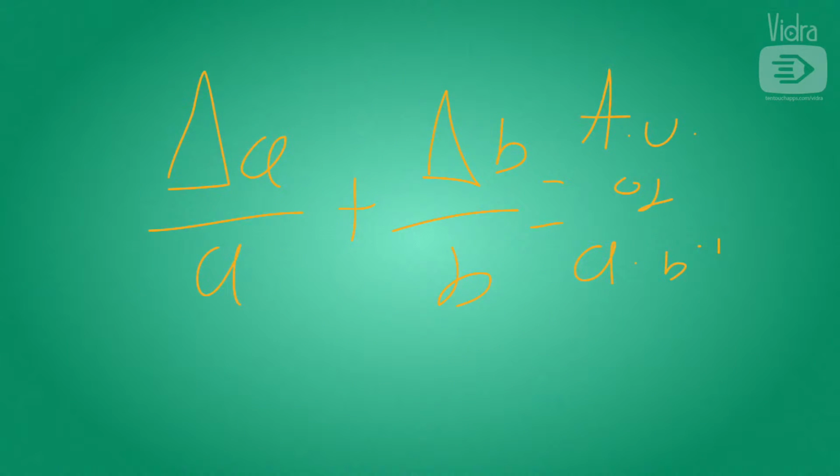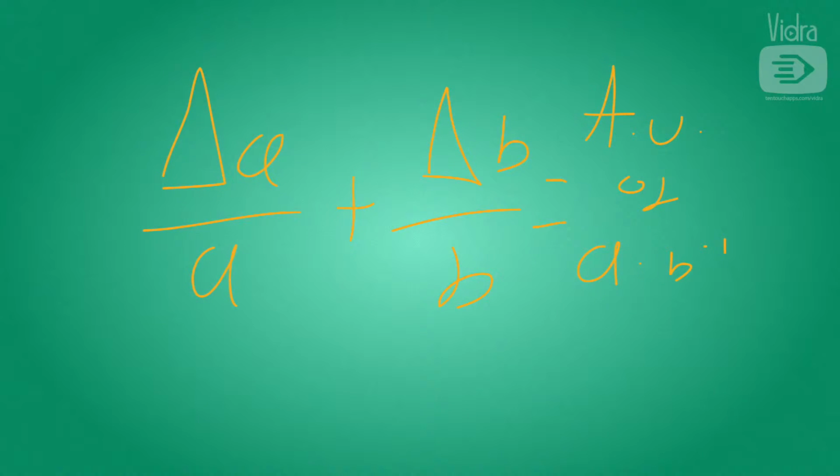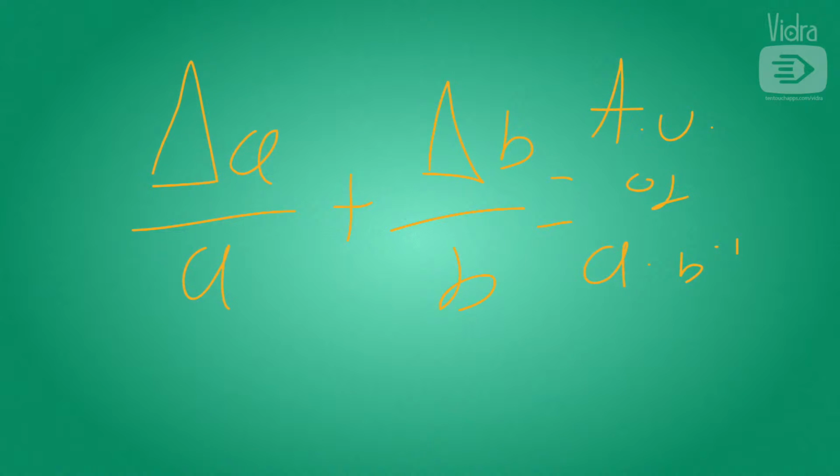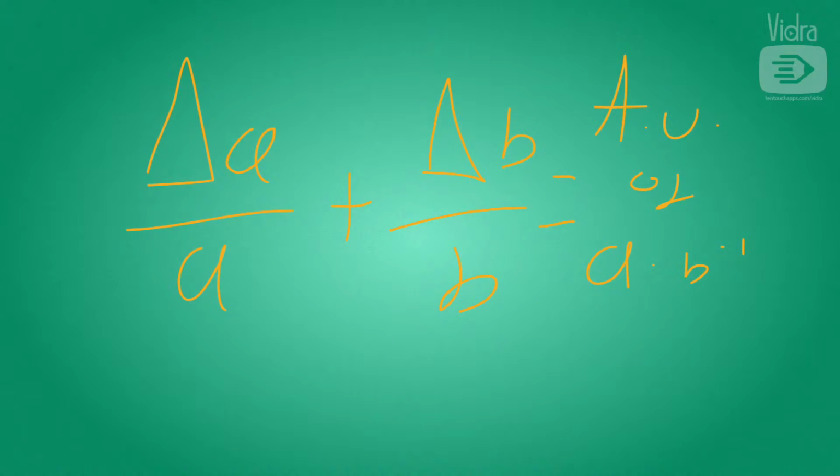So then what do we do? They are now asking us for the absolute uncertainty of this operation. What do you see here? We can see the formula they are showing us.